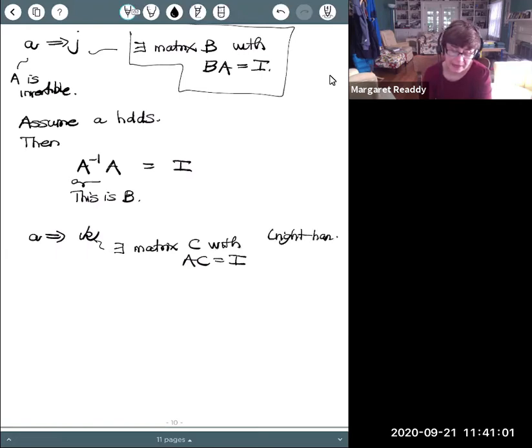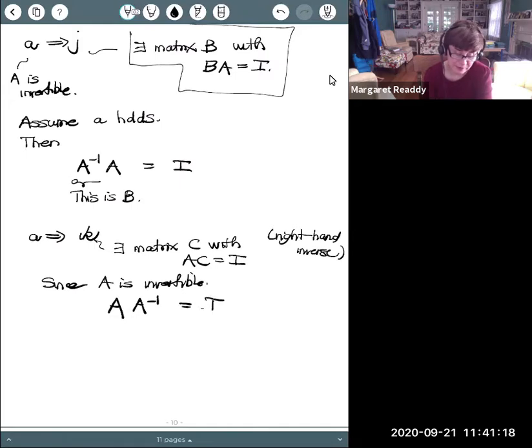And again, it's as easy as can be because A is invertible. Since A is invertible, I can find a matrix that when you multiply on the right, you get the identity, namely the inverse. Here it is. This is C.